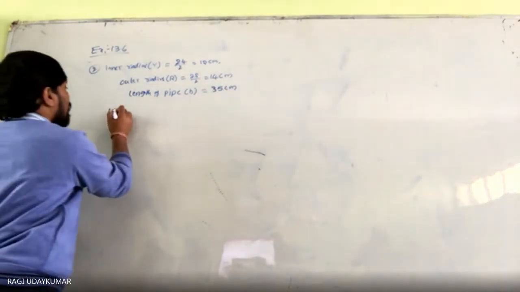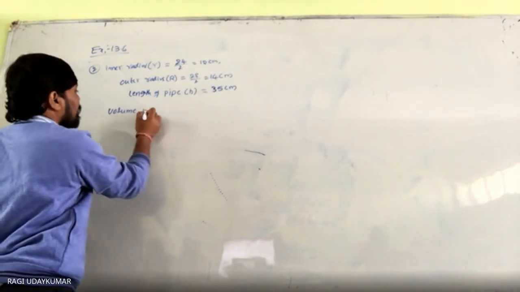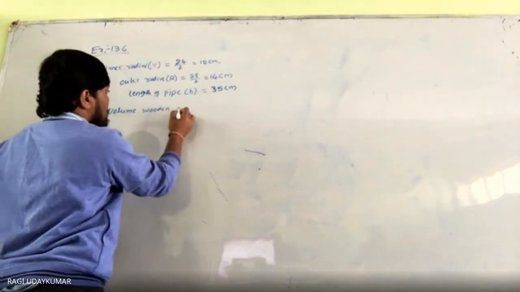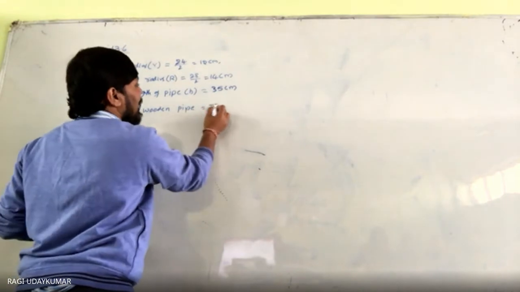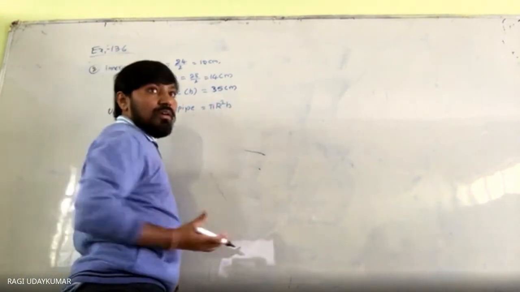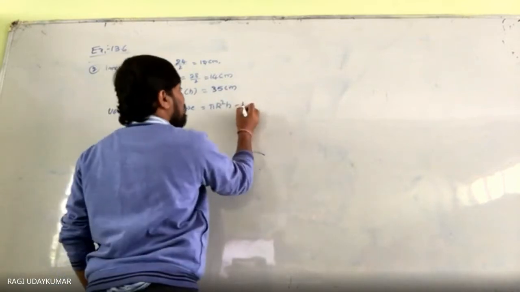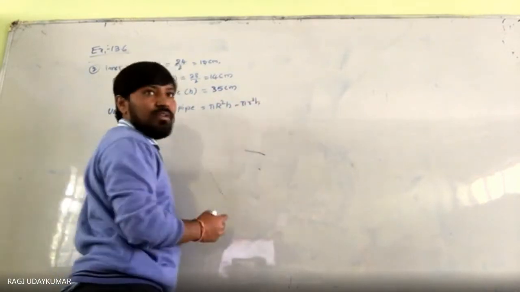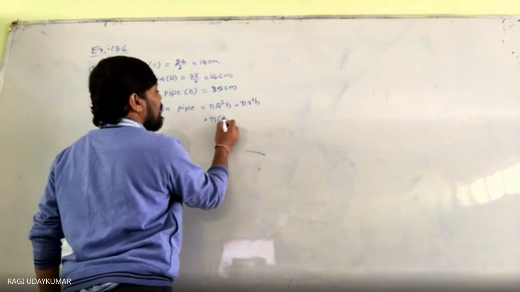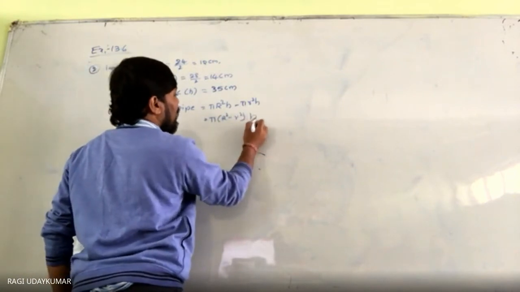Therefore first you find out the volume of the wooden pipe. So volume of wooden pipe is equal to pi capital R square h, the outer cylinder, minus the inner one which is hollow, minus pi small r square h. So you can write it as pi into capital R square minus small r square into h.